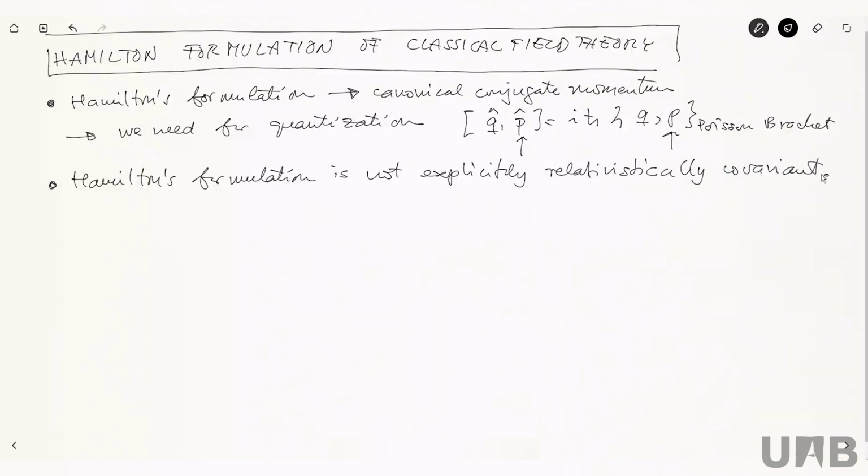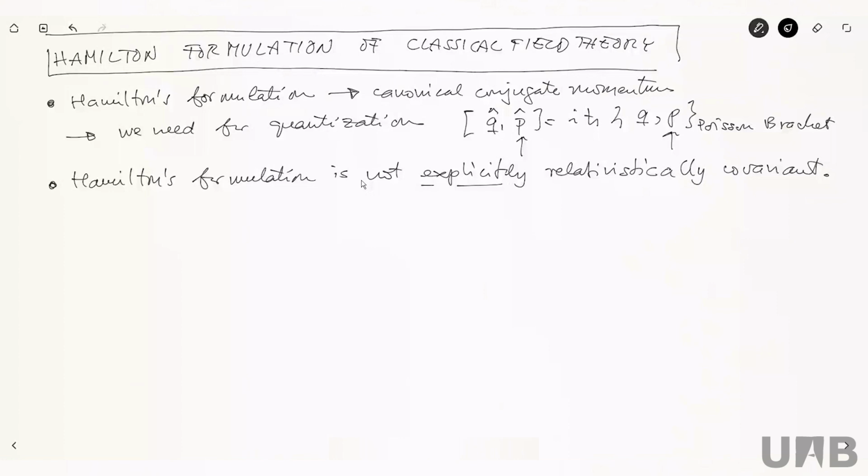So in a relativistic theory, and we know that nature is relativistic, Hamilton's formulation is not the easiest one because it separates time from the rest, okay? Whereas in relativity, time is just another coordinate, just as space is. So it's not explicitly relativistically covariant and makes your relativistic formulation a little harder. But the fact that it's not explicitly relativistically covariant doesn't mean it's not relativistically covariant. And therefore, you can also formulate the relativistic theory in Hamilton's formulation. It's only that you have to work a little harder.